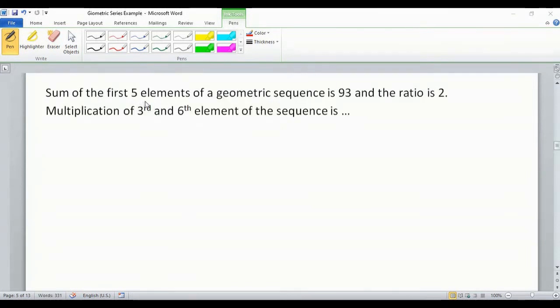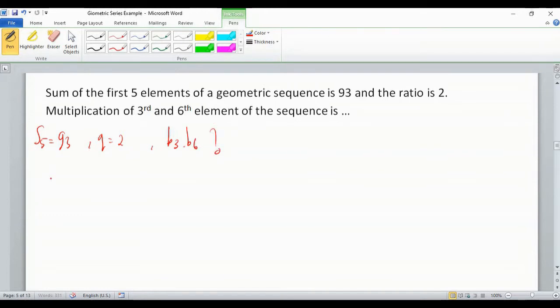The sum of the first 5 elements of a geometric sequence is 93. So we can write S5 equals 93 and the ratio is 2. We need to find the multiplication of the third and sixth element, B3 times B6.